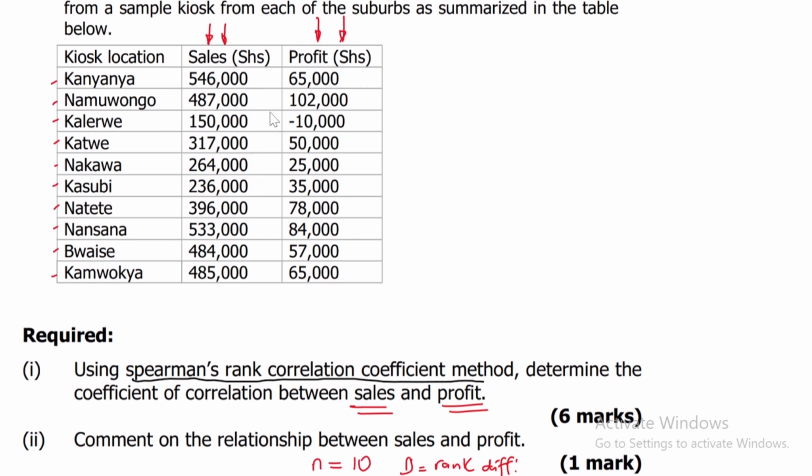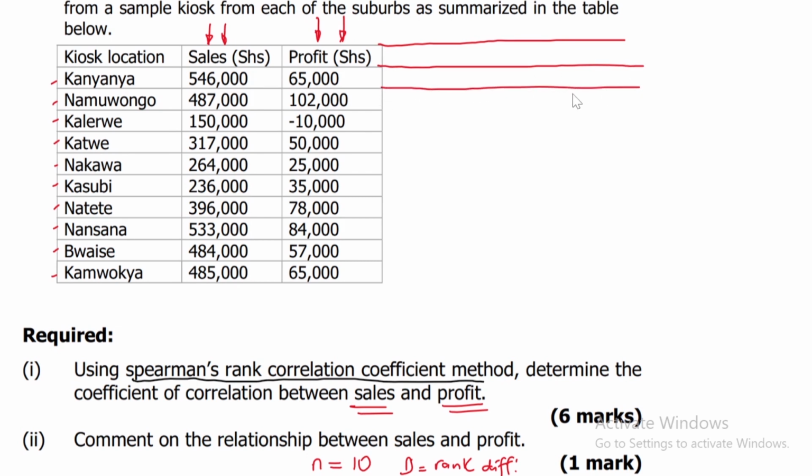Now, take note, how do we get these ranks? I think I'm going to just build on this table to save time. I'm just going to extend this table. Of course, in the exam, you have your separate answer sheets, and you should draw this afresh, very fast to save time.